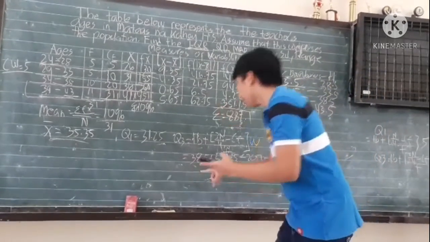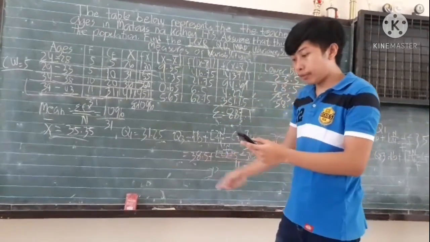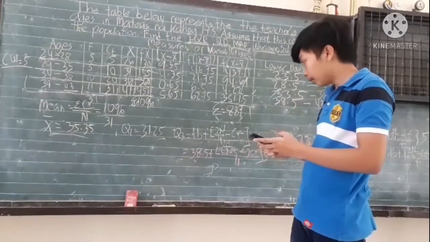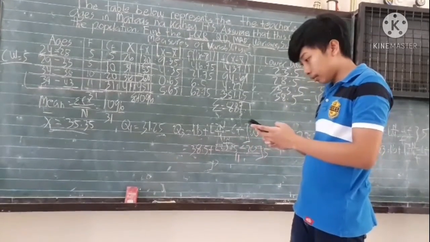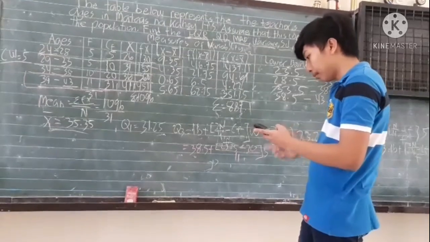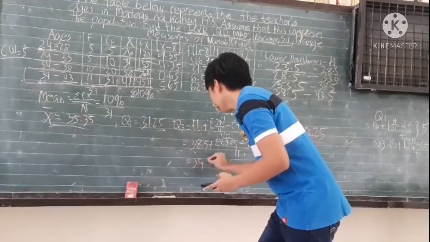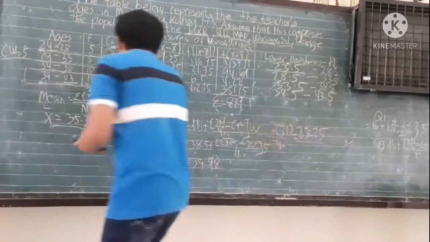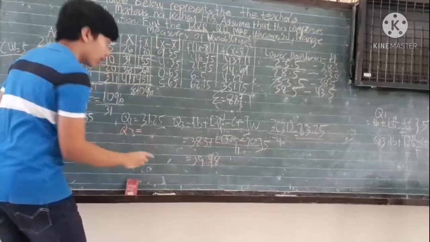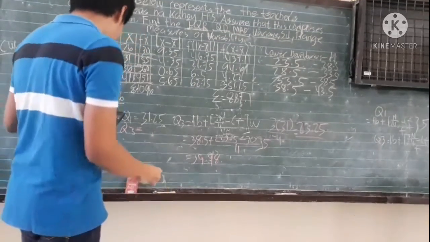So 38.5 plus 1.47, you can write it 38.5, 39.98. So we have now the quartile 3, 39.98.